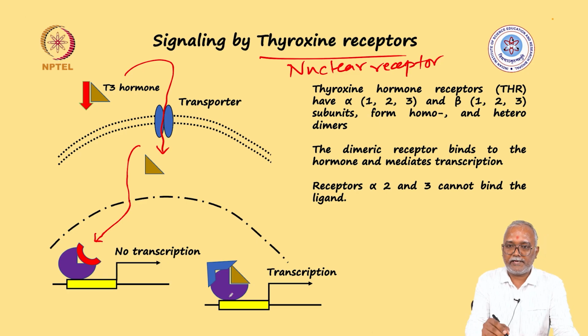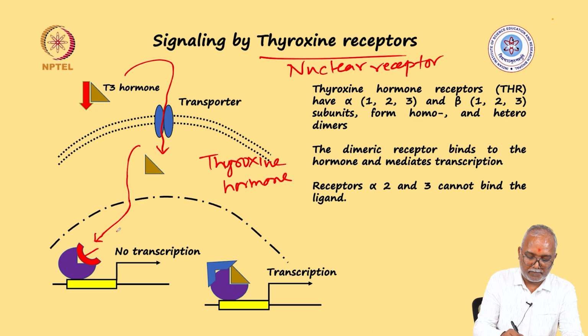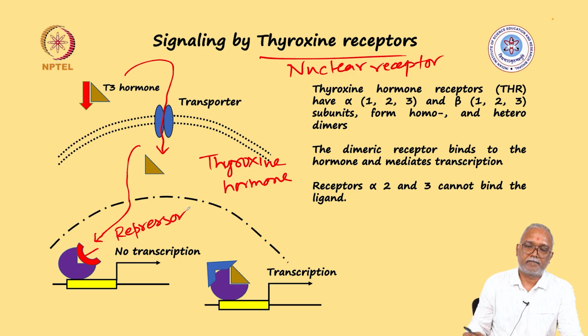The receptor for T3, the thyroxine hormone, is present inside the nucleus, but it is bound by a repressor. This repressor is not allowing the transcription to happen, the scenario which is shown here.